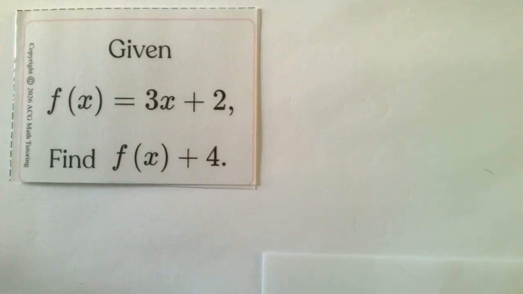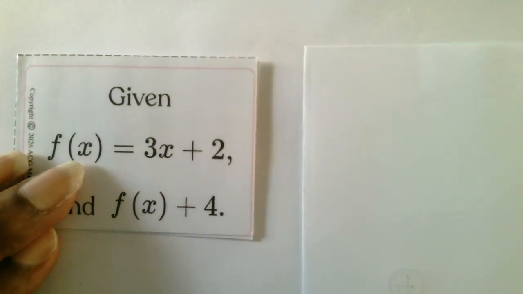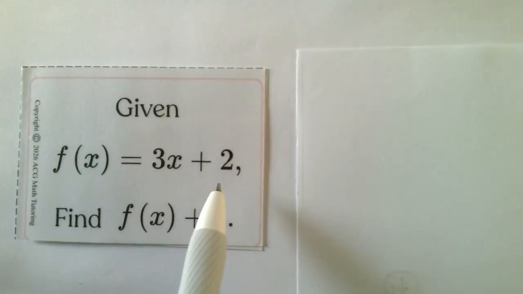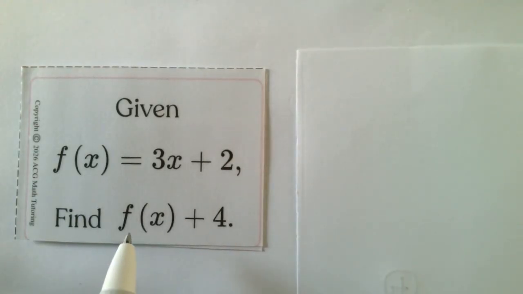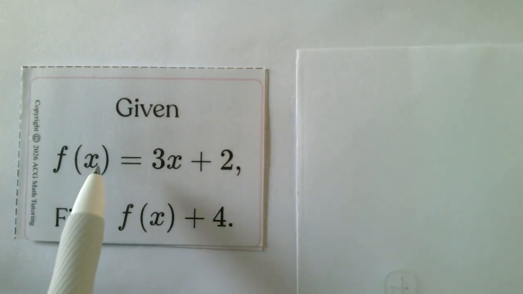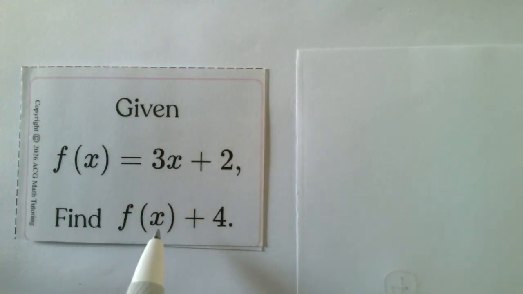Okay, so let's really take a look at this, guys. We have f of x is equal to 3x plus 2. We need to find f of x plus 4. Notice inside the parenthesis we still have x's. This is all switched up, okay?